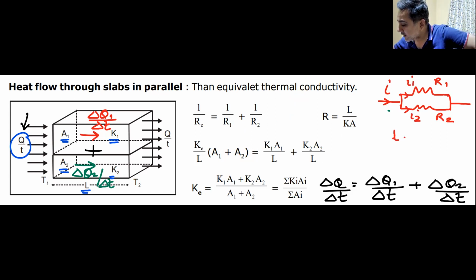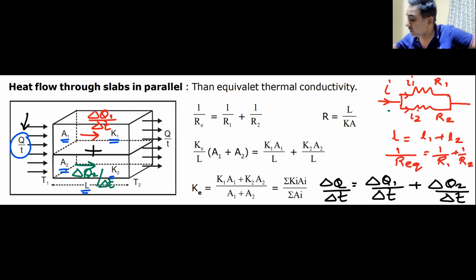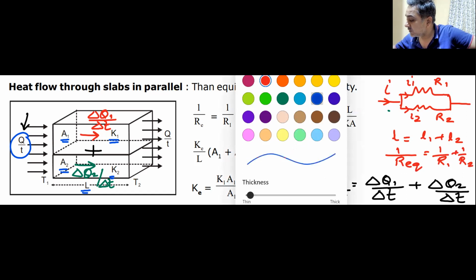Total current I was equal to I1 plus I2, which is the same as delta Q1 by delta T plus delta Q2 by delta T, and we found that equivalent resistance 1 by R equivalent was equal to 1 by R1 plus 1 by R2. Here also the same formula comes.